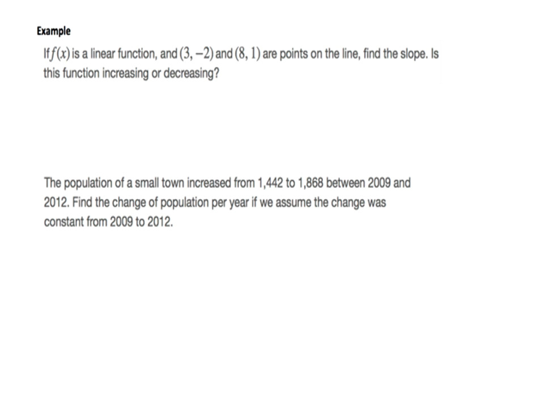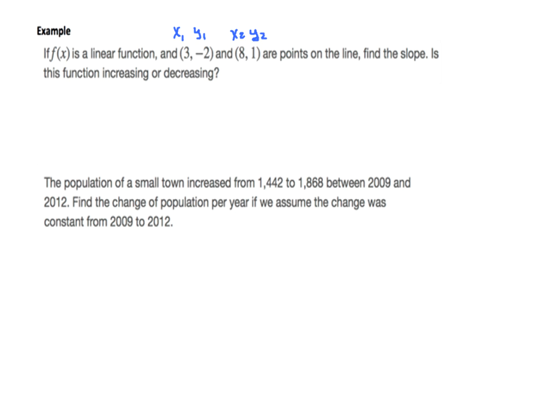If f of x is a linear function and the points (3, -2) and (8, 1) are points on that line, find the slope. Is the function increasing or decreasing? Okay, so first thing I'm going to do is name my points so I don't get confused. I'll call this one x1, y1, x2, y2.